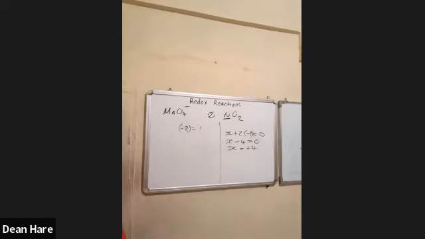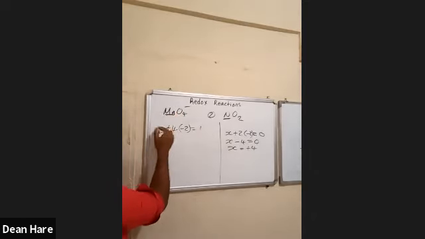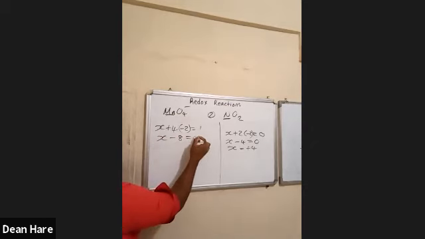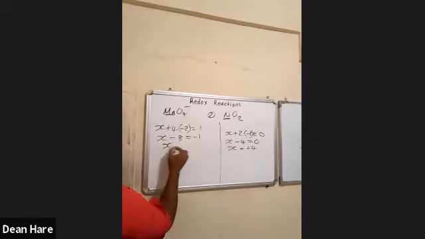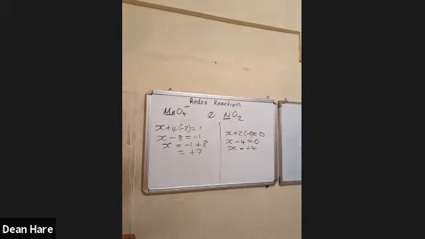Charge on oxygen is always -2. 4 atoms of oxygen plus Mn, that's X. So it's X minus 8 equal to -1. X is equal to -1 plus 8. The answer is +7. Right?